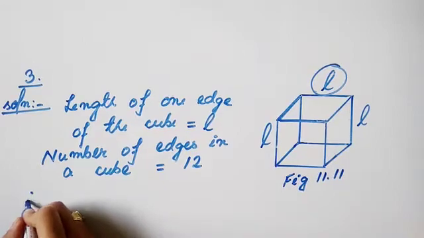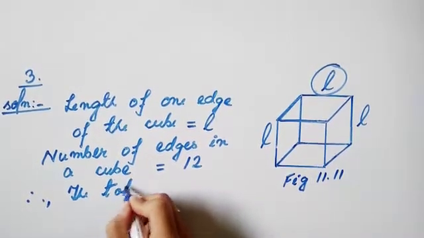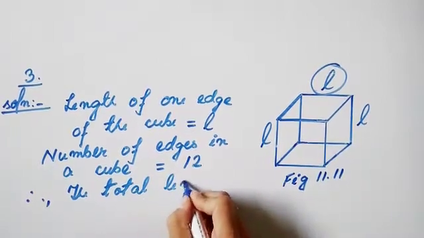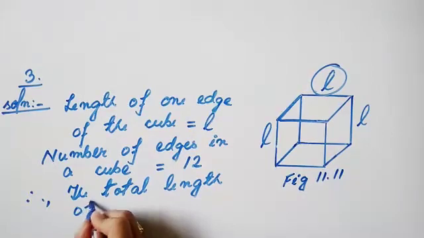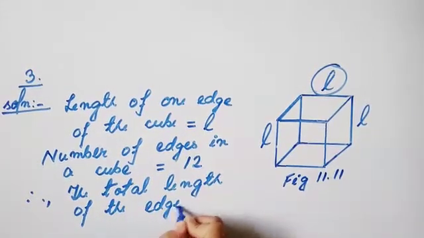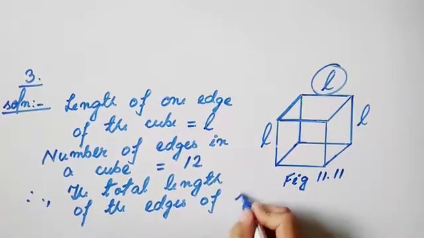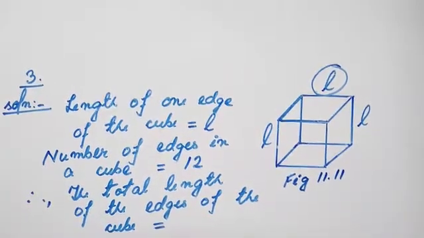Okay, so therefore the total length of the edges of the cube will be given by, so you can solve this in 2 methods.